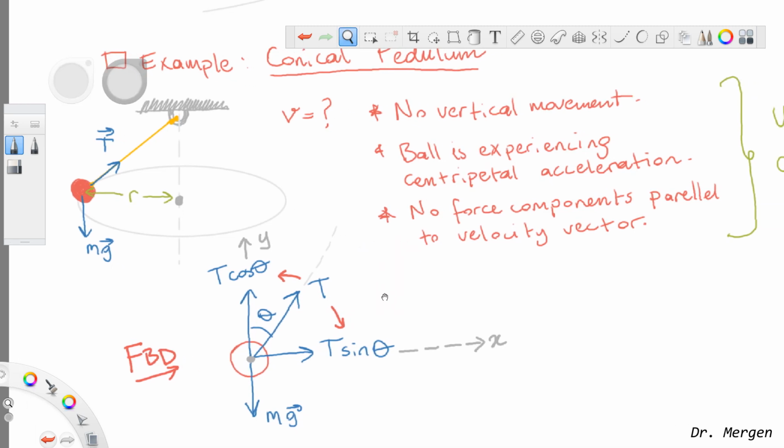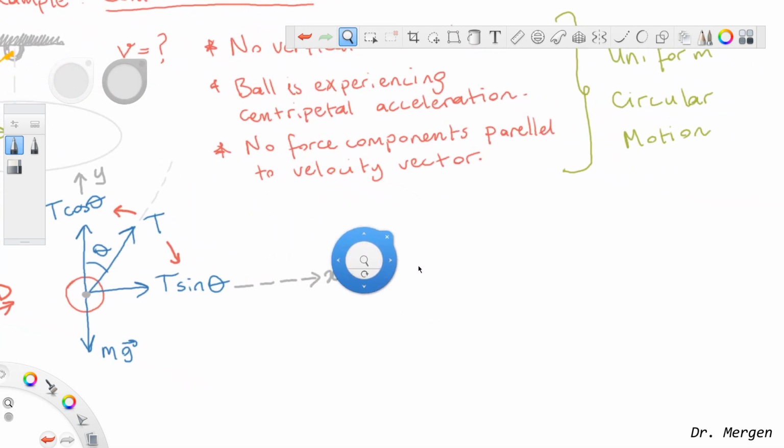Now let's try to write down our force balance equations. In the vertical axis, I'd like to define the positive y as my positive direction. So I should put a plus sign in front of every force that is looking upward.